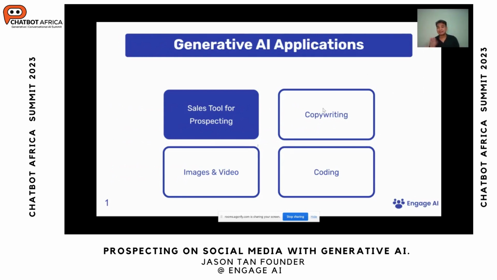If you run a tech team, you may have also used it to help write code and help with debugging. Now, all of those are not new to me, but I suspect how to use a Gen AI application for prospecting as a sales tool is what I'm going to share with you today.